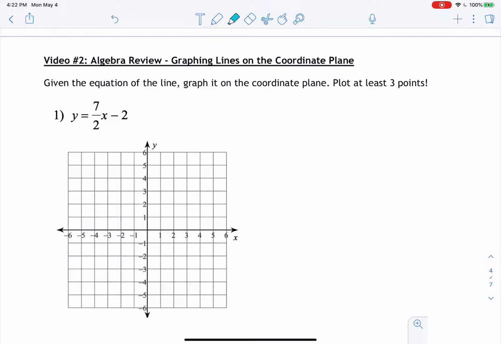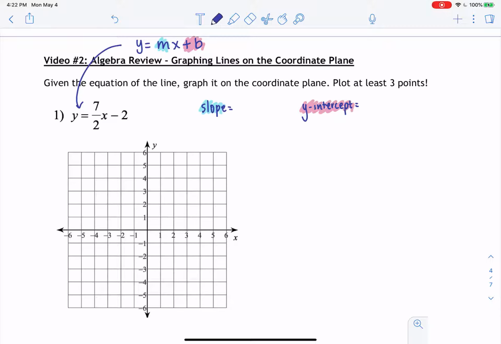So here we're given an equation of a line, and before we graph it, we want to check what is the slope, what is the y-intercept. So right now this type of equation is in the form y equals mx plus b, where m is your slope and this plus b tells you your y-intercept.